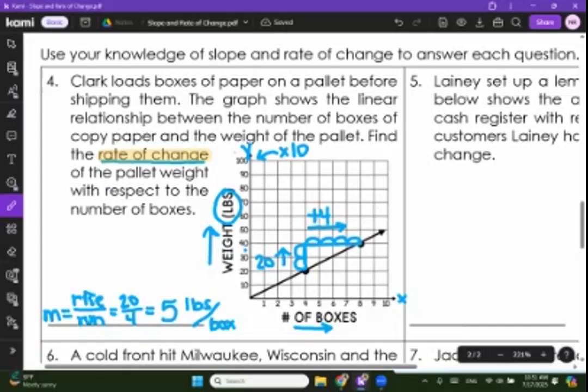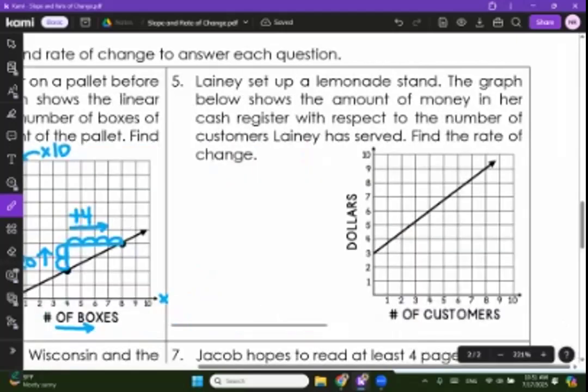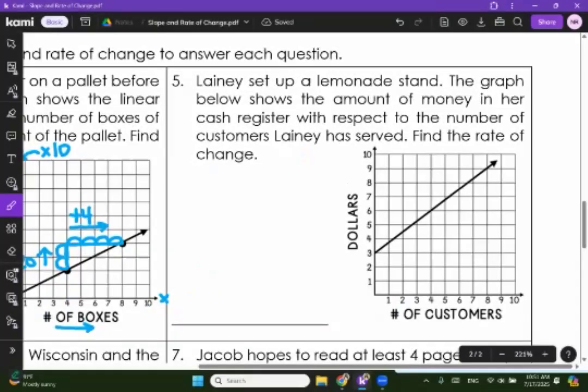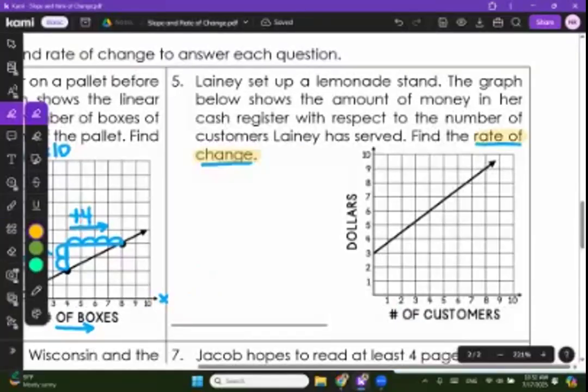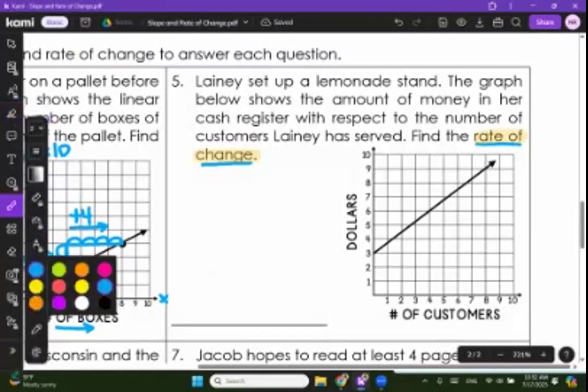Number 5. Lainey set up a lemonade stand. The graph below shows the amount of money in her cash register with respect to the number of customers she has served. Find the rate of change.